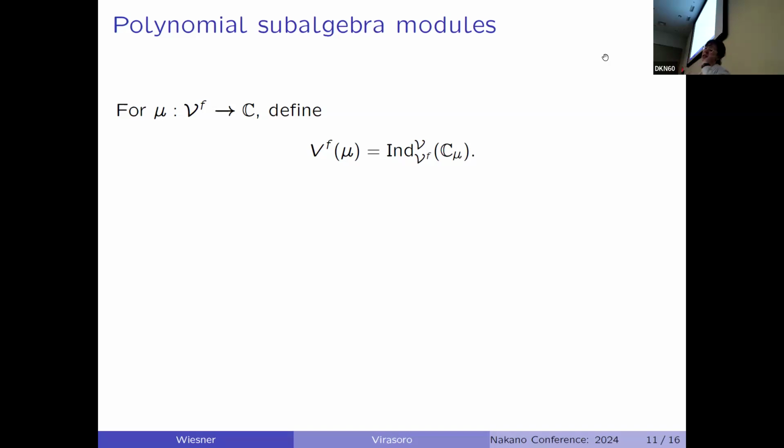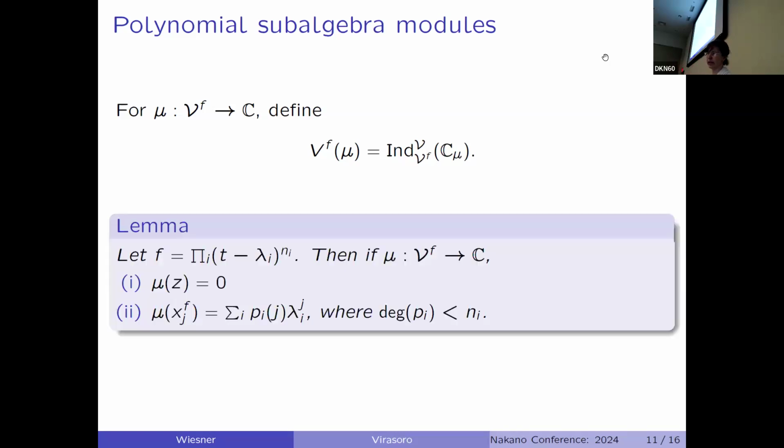I can take any Lie algebra homomorphism from Vir F into C, and then I get a one-dimensional module associated with that, and then I induce it up to the full Virasoro algebra. I want to know when these modules are simple and anything else I can say about their structure. But as a starting point, I need to know what these mu look like, and it turns out there are some nice descriptions of those that we can come up with.